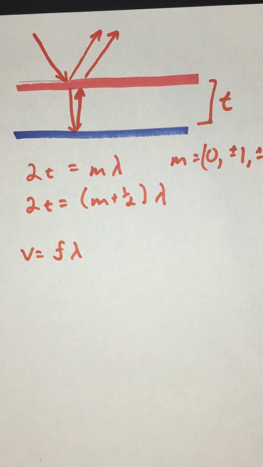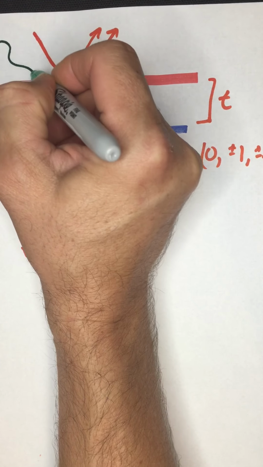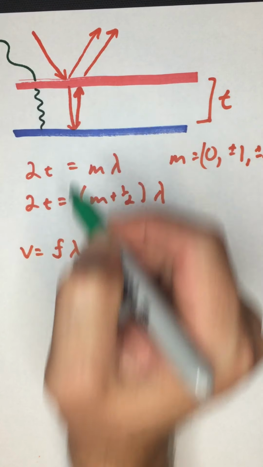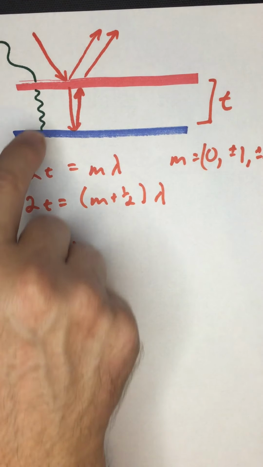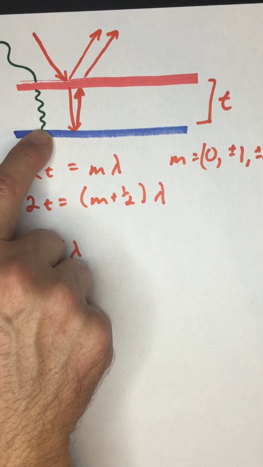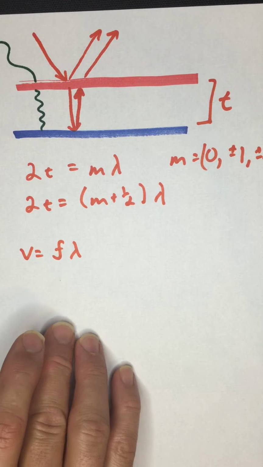Now let's think about it. If you have a wave outside of the medium that looks like this, and inside the medium it looks like this, the wavelength has changed, but you're trying to line up peaks and troughs of this wave after it gets back to this boundary with this wave.